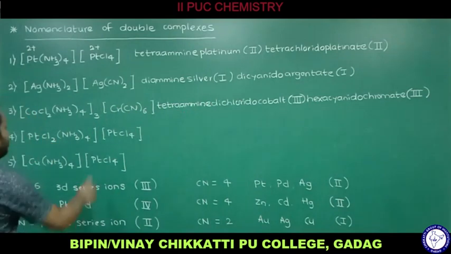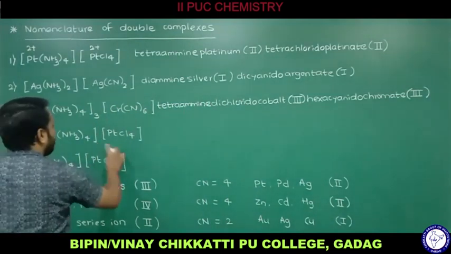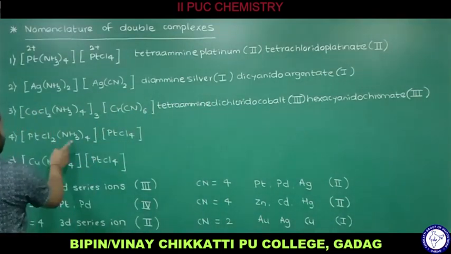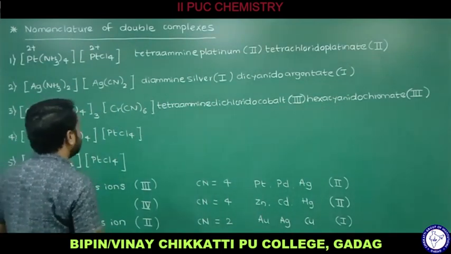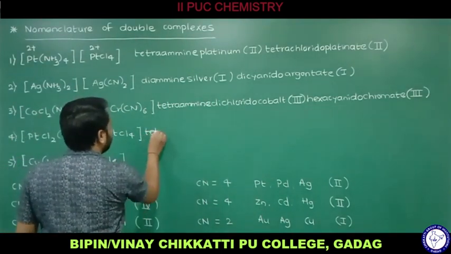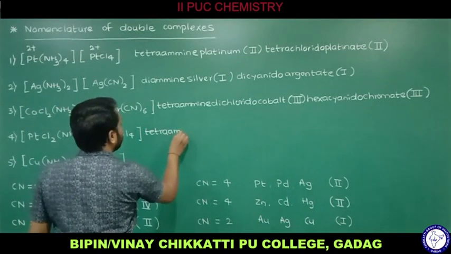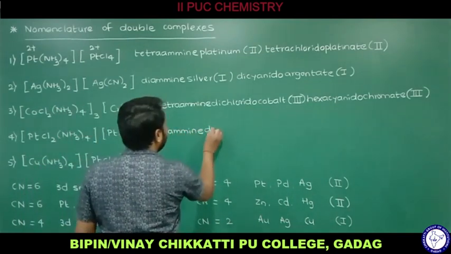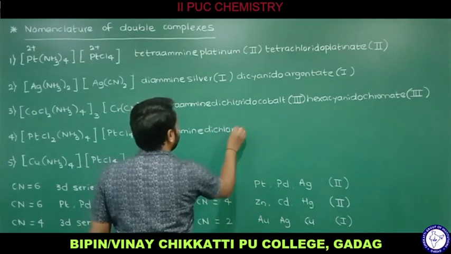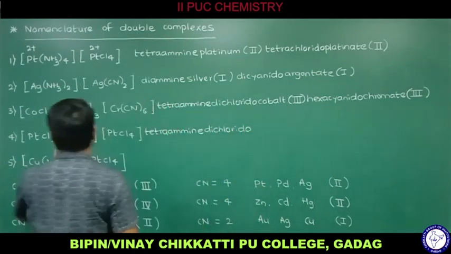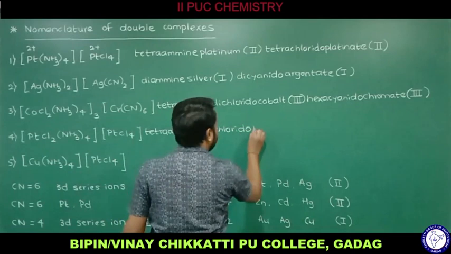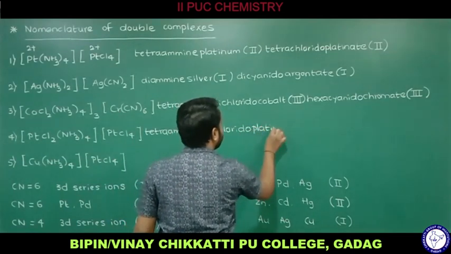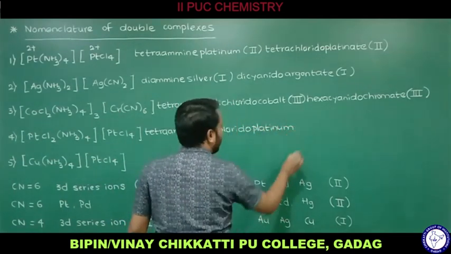Next example, this will be cation and this will be anion. Follow the rules. We have 2 different ligands. Amine comes first, therefore this will be tetraamine, dichlorido, platinum.